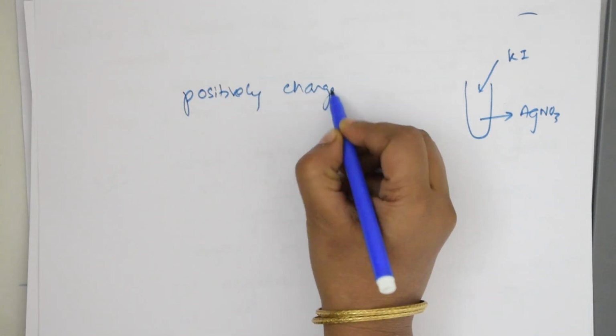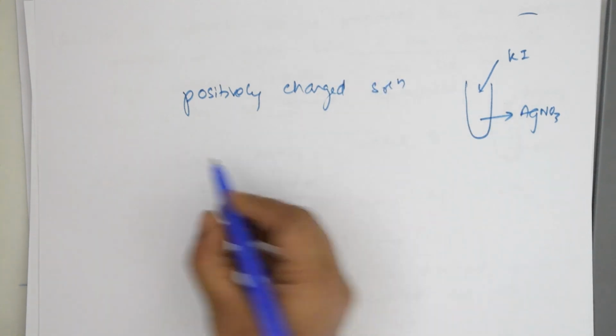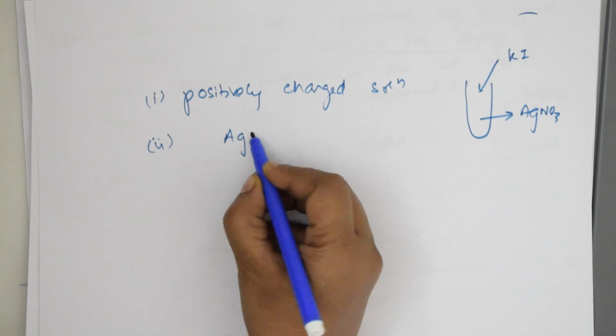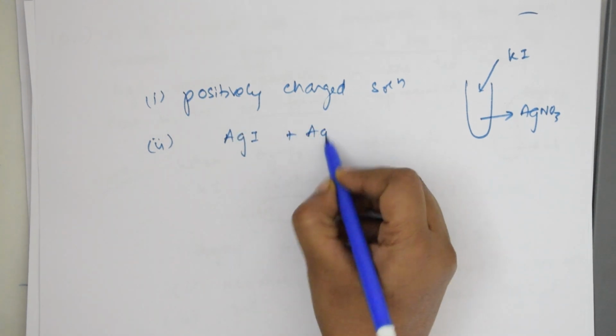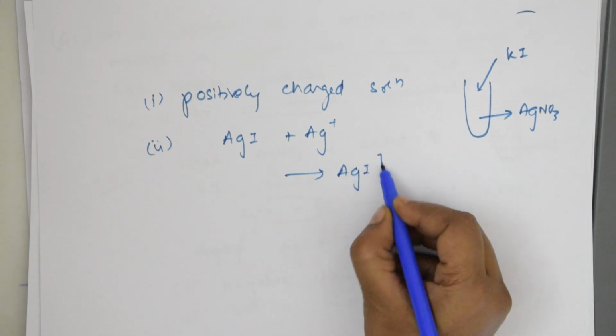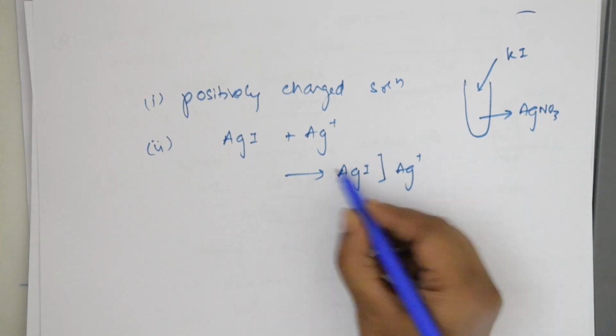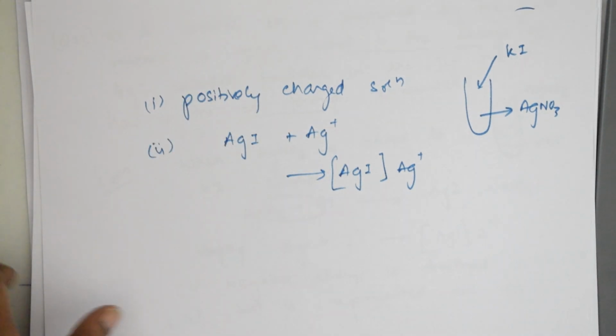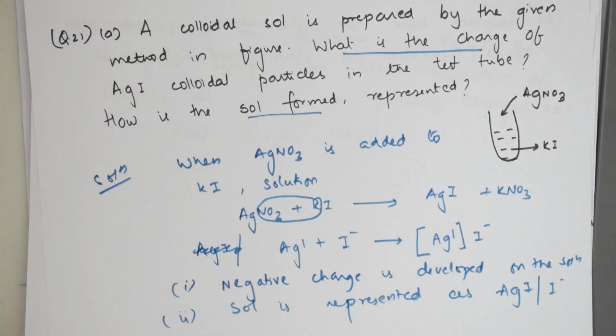You represent it as AgI/Ag+, so the overall charge is positive in this combination. Remember that. Hope this concept is clear, students.